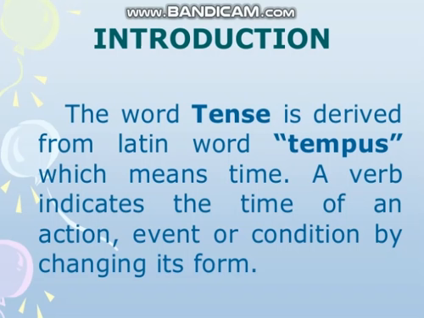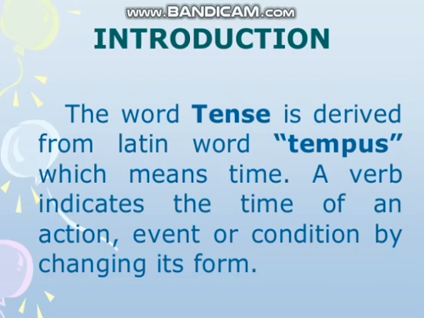A verb indicates the time of an action, event, or condition by changing its form. We mainly use the verb to change a tense, because with the changing of the verb, the tense also changes. As you know, in a sentence we have three main components: subject, verb, and object. Subject is the doer of an action, but it is not that important to show us our tense.